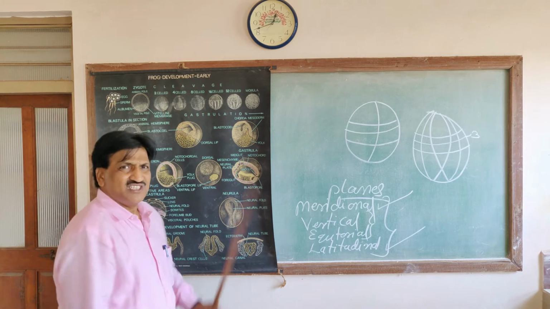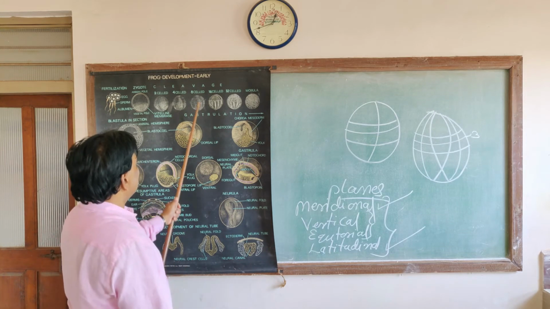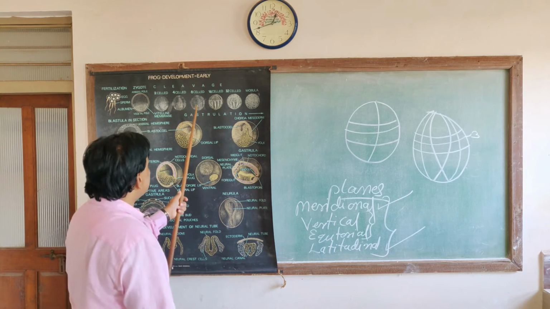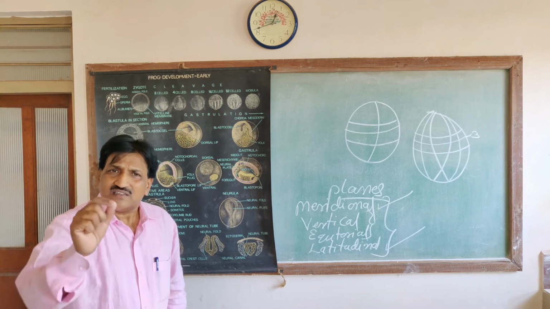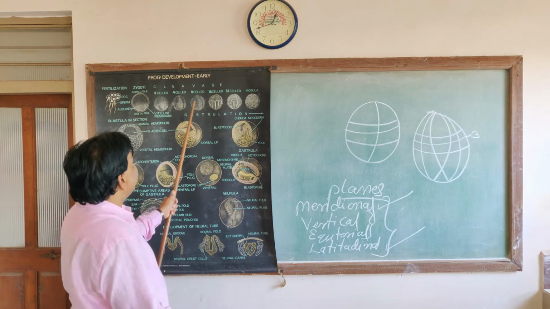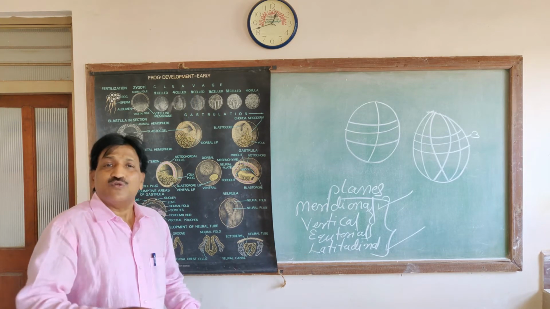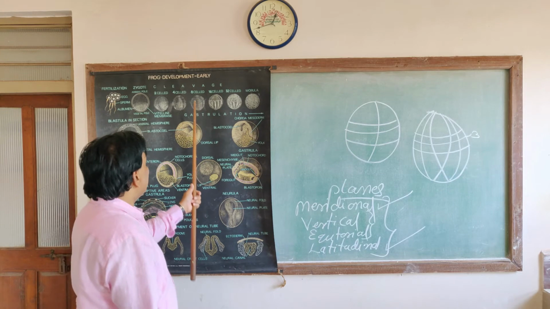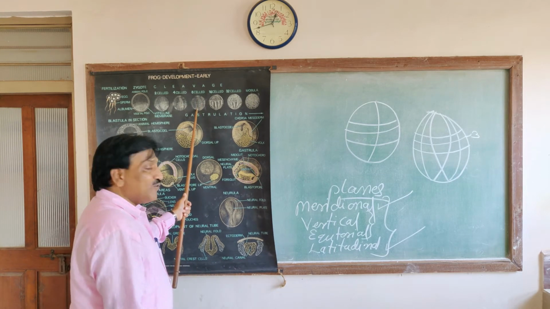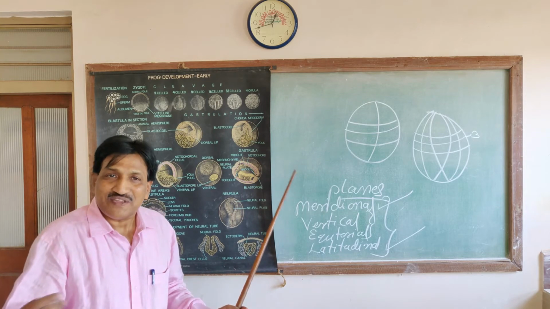For 8 cells, it is the third cleavage plane, latitudinal, and they do not have the same size. The animal pole has smaller cells, micromeres, and the vegetal pole has larger cells called macromeres.